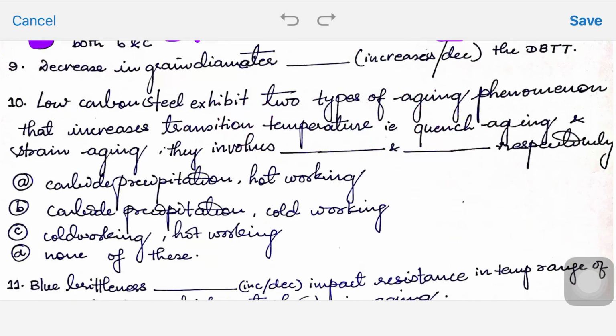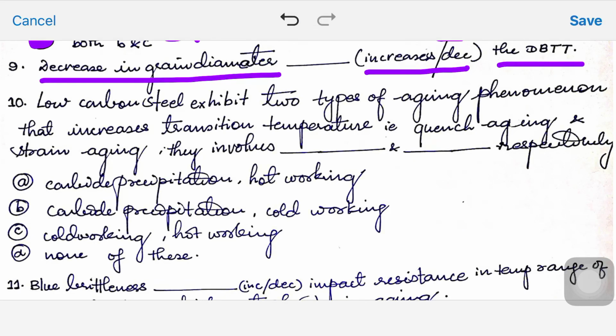Question number 9. Decrease in grain diameter. If you are refining the grain, then does it increase or decrease the DBTT? When we refine the grain, the brittleness decreases at low temperature. When there is very fine grain, brittle fracture will not occur easily at low temperature, because with fine grain there are more grain boundaries, so crack propagation is not easy.